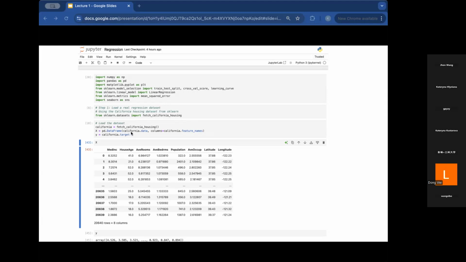And of course, scikit-learn is one of the most widely used machine learning libraries in Python. Step 1, load a real regression dataset using the California housing dataset from sklearn.